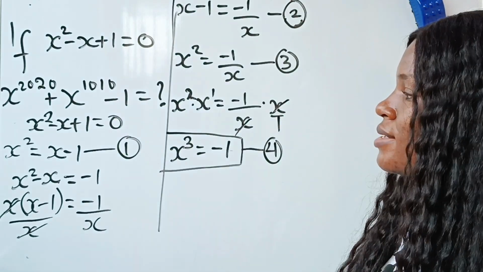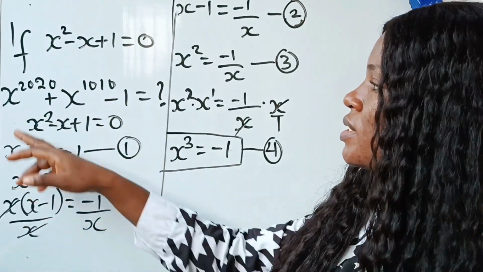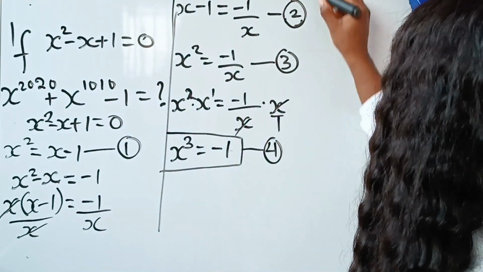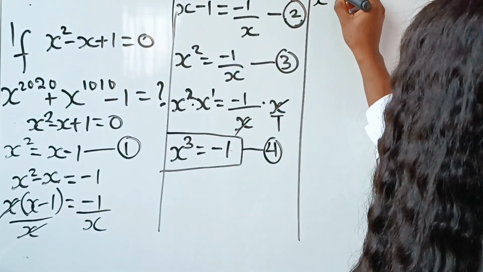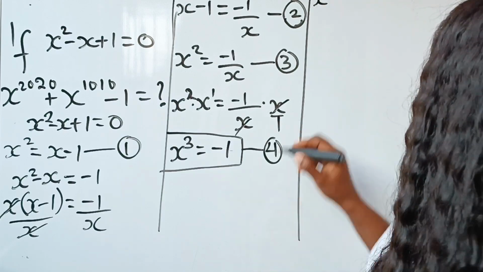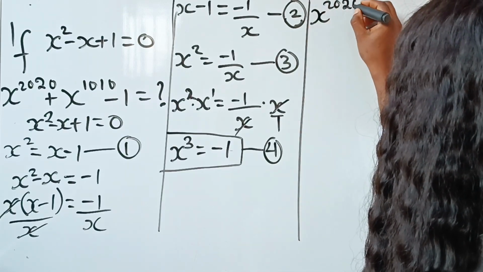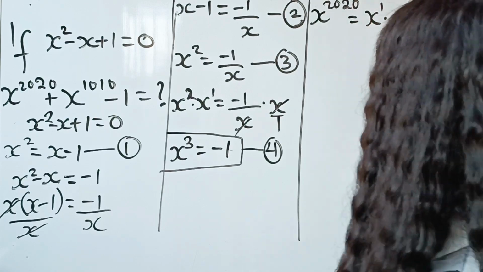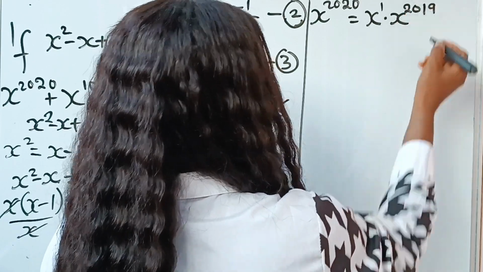Thank you. Now let's go straight and simplify this. I'm going to start with x to the power of 2020. I will simplify it first. Note that x to the power of 2020 can be written as x to the power of 1 multiplied by x to the power of 2019.